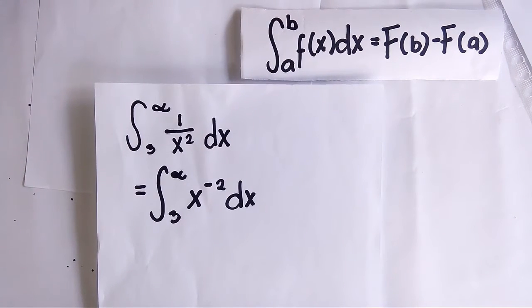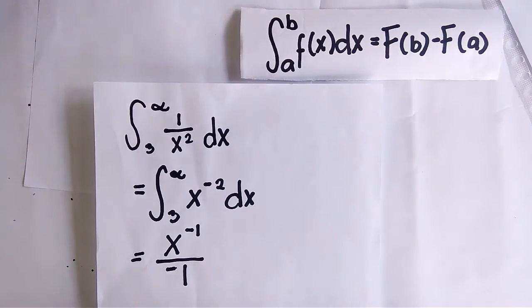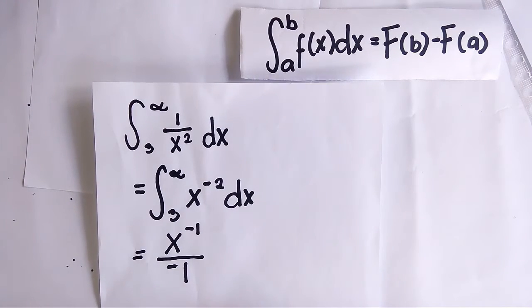Integral of x raised to negative 2 dx from 3 to infinite. Now, we have to find the antiderivative of x raised to negative 2. So, we have x raised to negative 1 over negative.